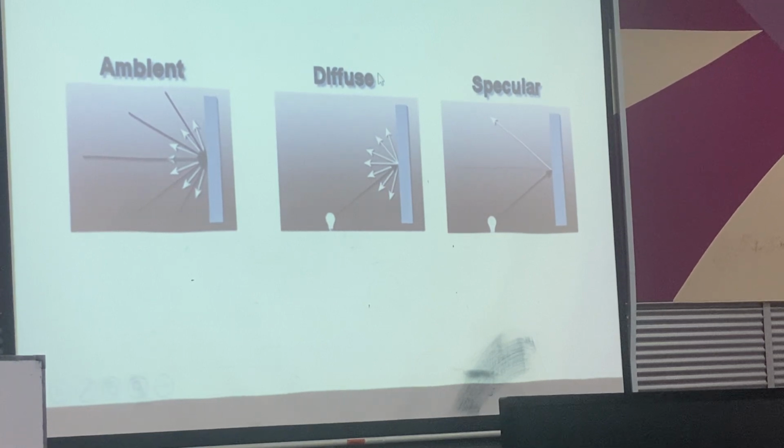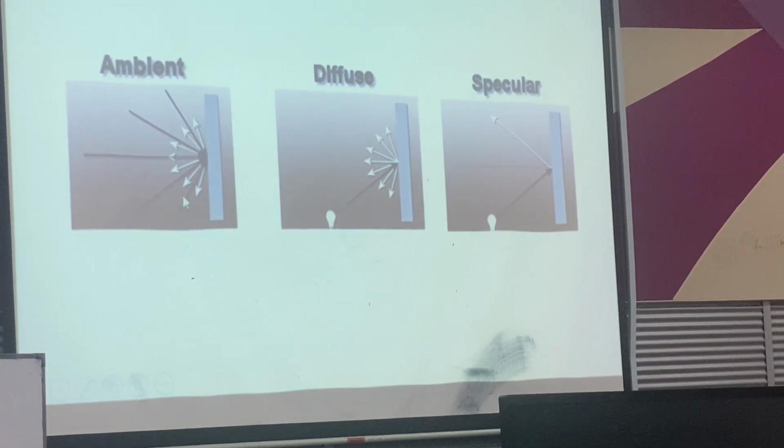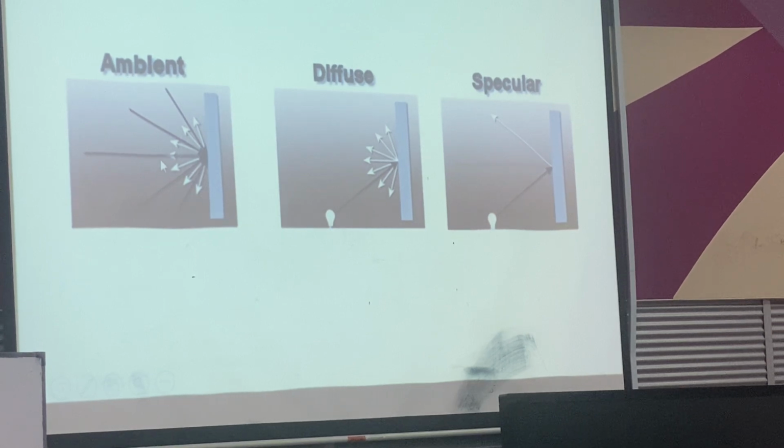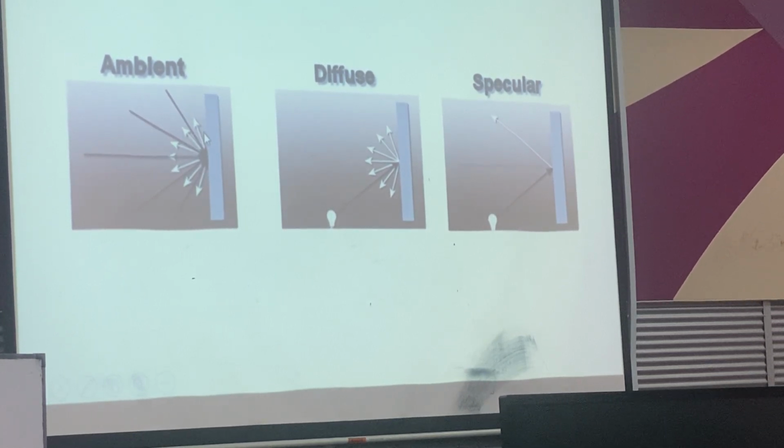You can see the differences here, very easy to see. The black lines are the rays, the light source. For ambient light, the light comes from all directions, the black lines, and the white color is the reflection. It reflects evenly in all directions.